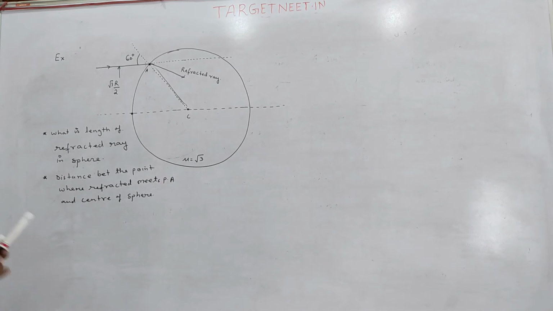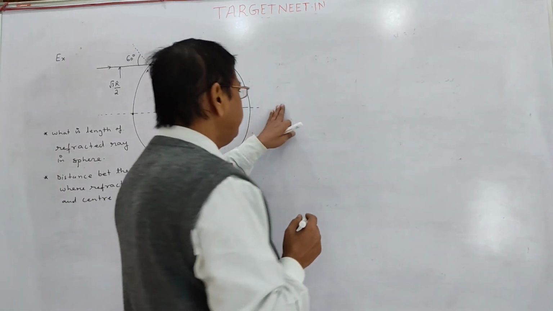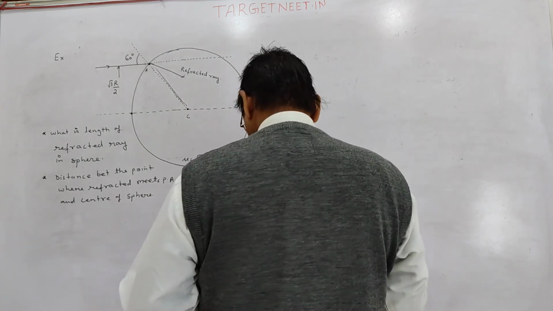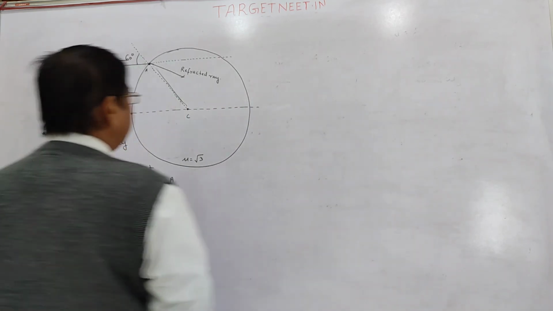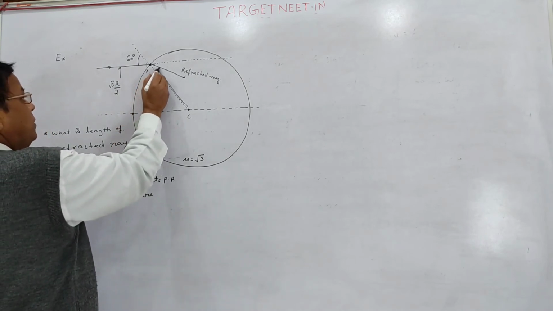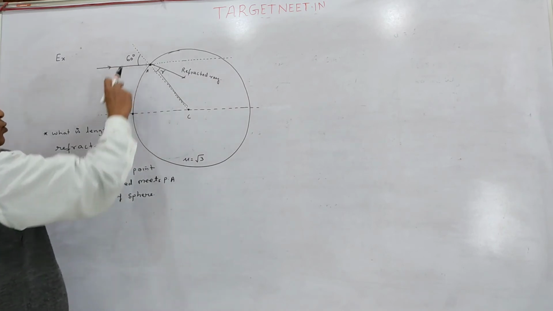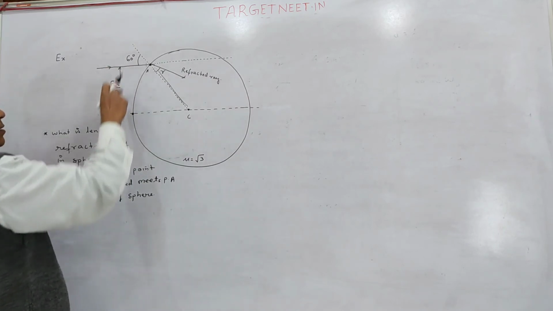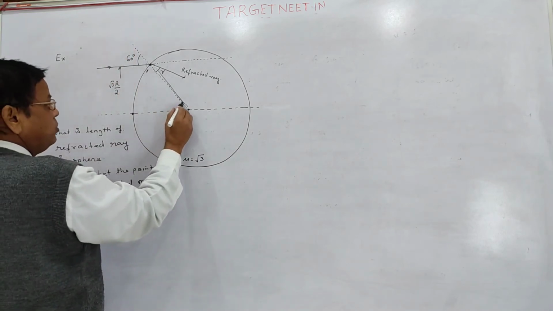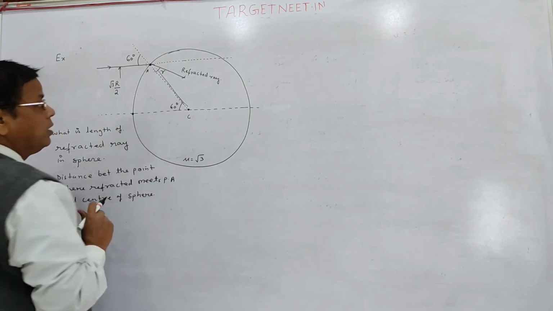So let us see how to solve this question. Suppose this angle be r, the angle of refraction. These two rays are parallel, that is given. So if this angle is 60 degree, this angle will also be equal to 60 degree, corresponding angle.